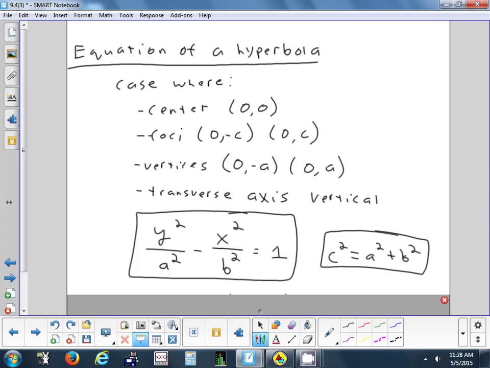The only thing that's different about this equation: it's still equal to 1, a squared is still your first denominator, b squared is your second, but the x squared and the y squared switch places. Now the y comes first and it's positive. That makes the transverse axis vertical. The relationship between a, b, and c is still the same: a squared plus b squared equals c squared.